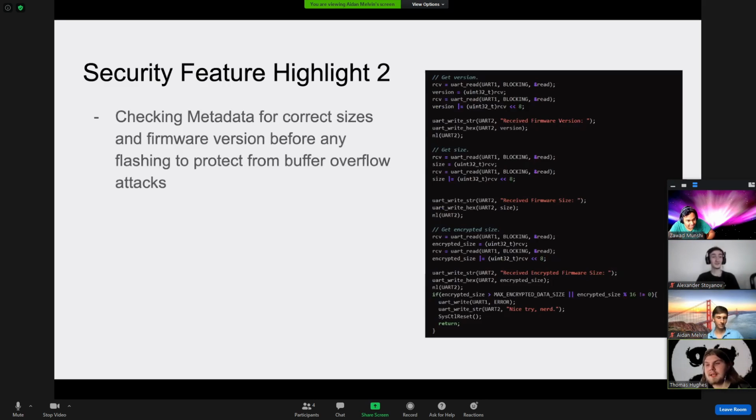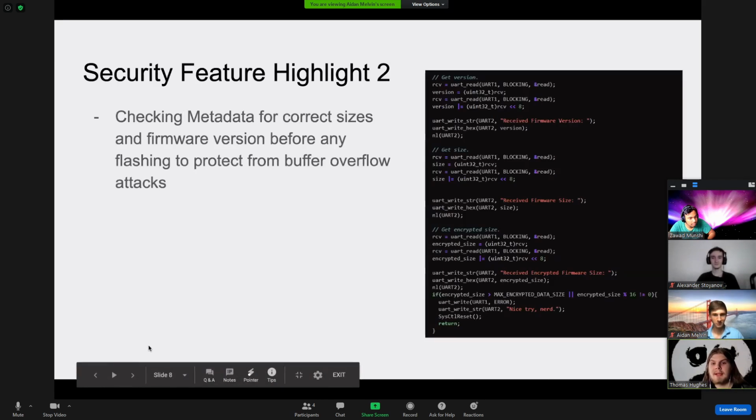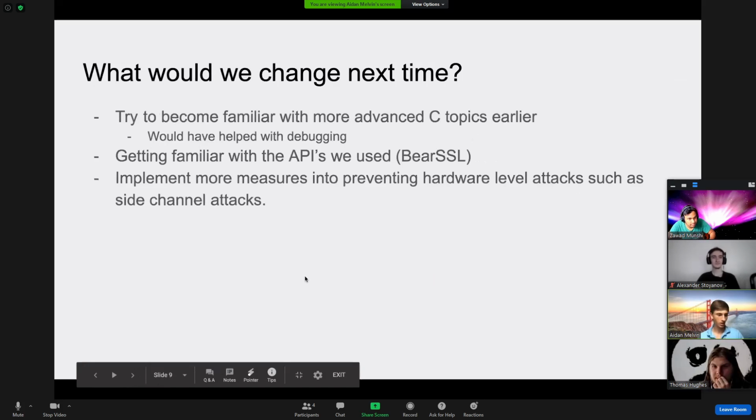We also checked the size of the encrypted firmware against the maximum size required, and if it was a multiple of 16, we didn't accept any more bytes, to prevent a buffer overflow attack similar to one that we would have used on other teams. This is a very important part of embedded security, making sure that you can't just bypass everything.